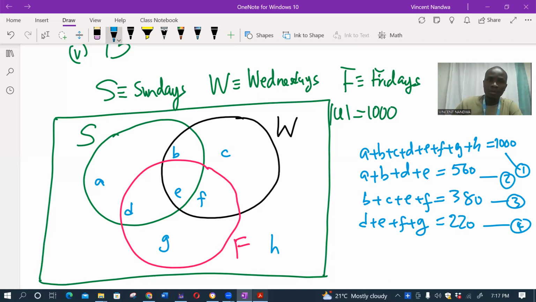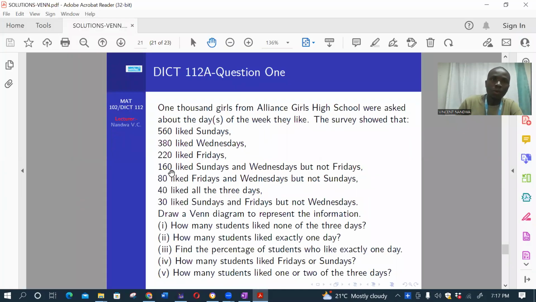Now, the other information is that 160 liked Sundays and Wednesdays, but not Fridays. So these 160 are where S and W meet, but that part should not also be counted in F. Let's first identify where S and W meet.